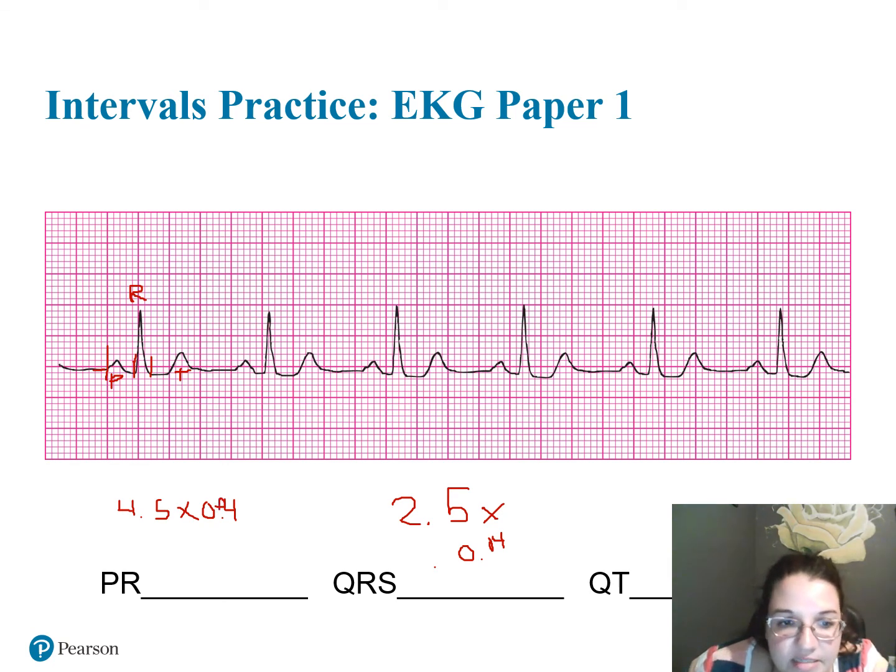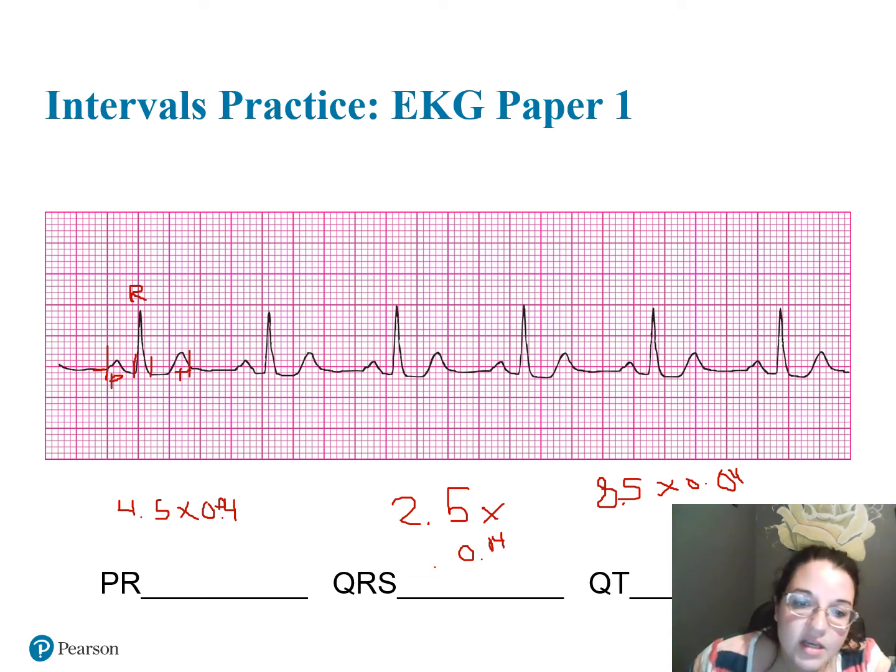My QT is the beginning of the Q wave to the end of the T. So I see, again, that's a half a box. 5 boxes right here. 6, 7, I'd say 8.5 boxes. Again, times 0.04. And remember, your answers need to follow the rules, and if they do not, that means it is an abnormal arrhythmia.